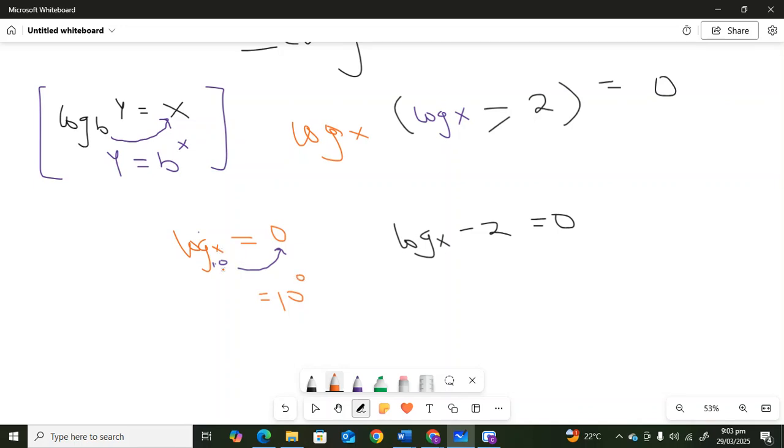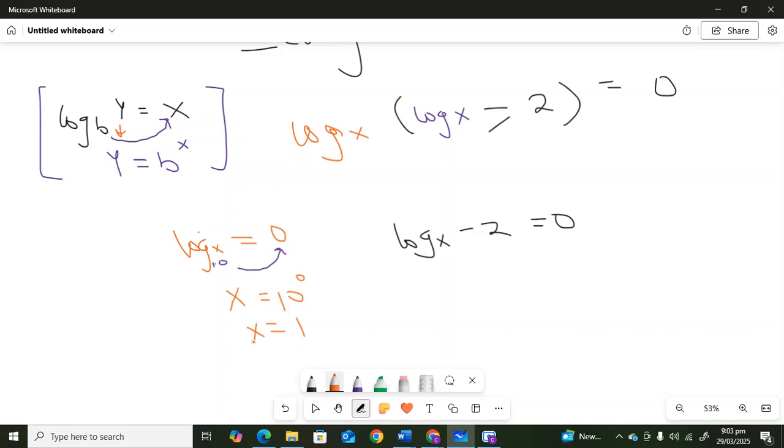Then this x stays on the left hand side, as you have seen here on top, this y stayed on the left hand side. Then the b got attached to whatever number is on the other side of the equal sign. So 10 to the power 0 is 1. So this is our first solution: x equals 1.